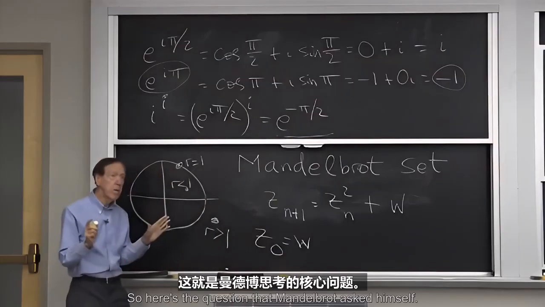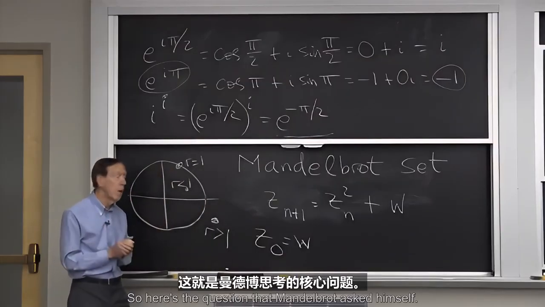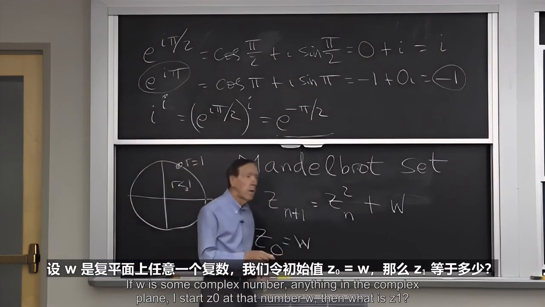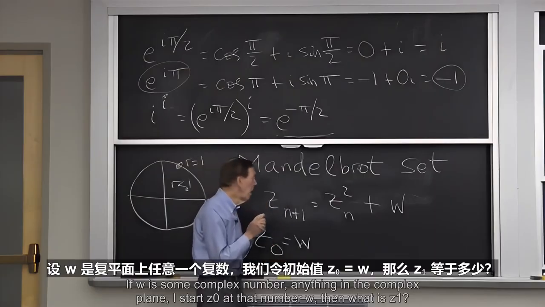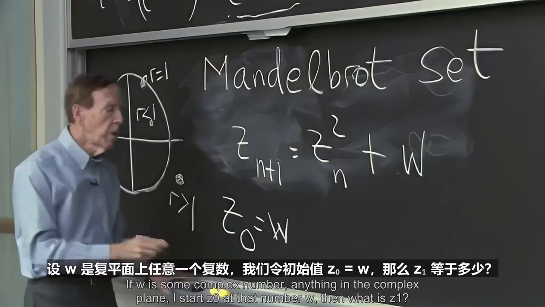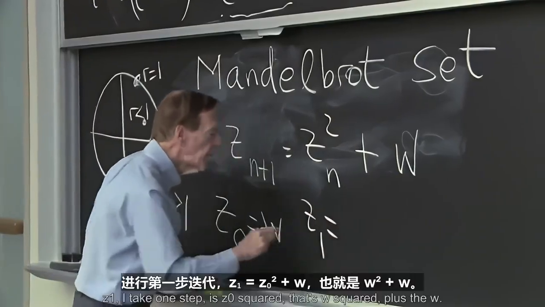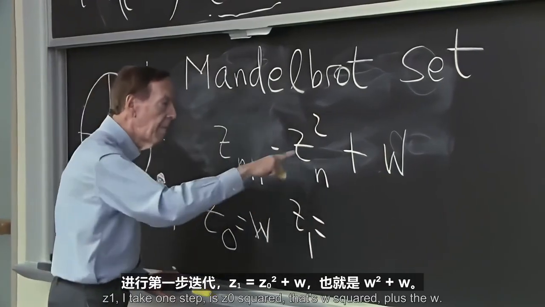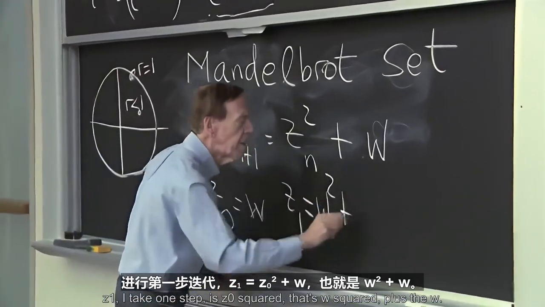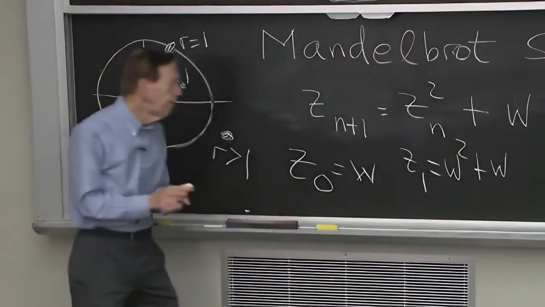Okay. So here's the question that Mandelbrot asked himself. If w is some complex number, anything in the complex plane, I start z0 at that number w, then what is z1? z1, I take one step, is z0 squared, that's w squared, plus the w. Okay?